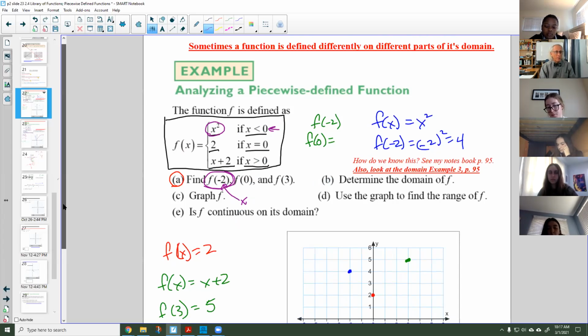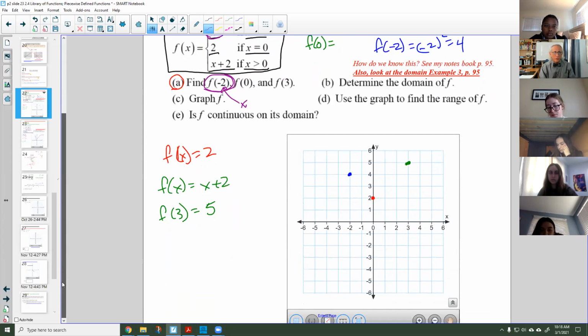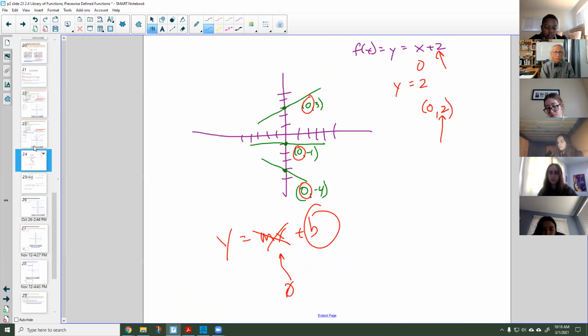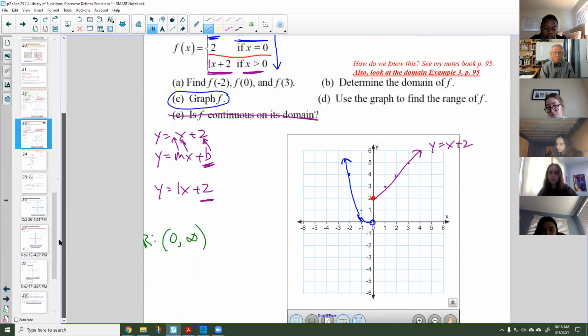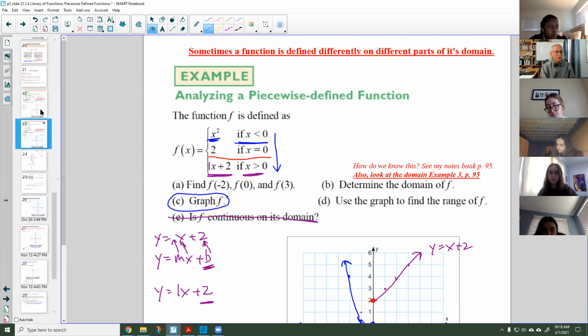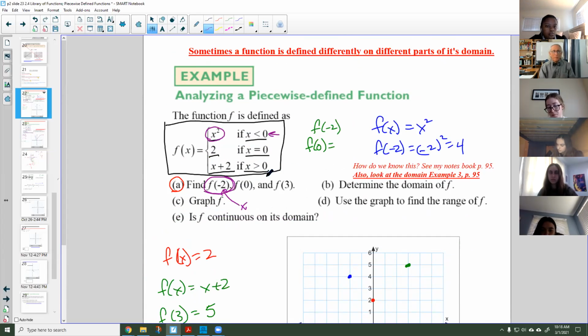I determined the domain of this function by making a number line for each of these pieces here, where it says if.